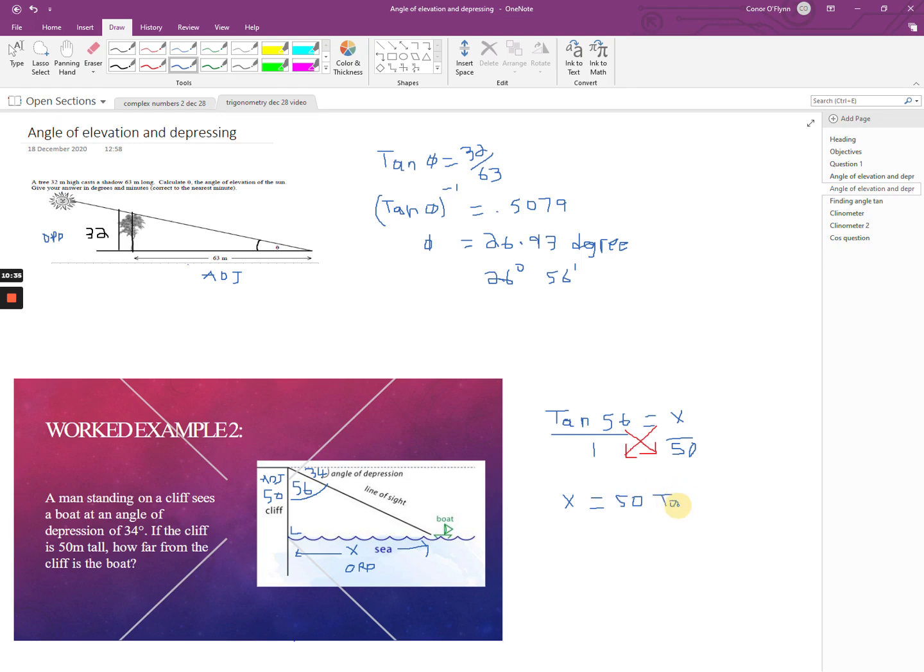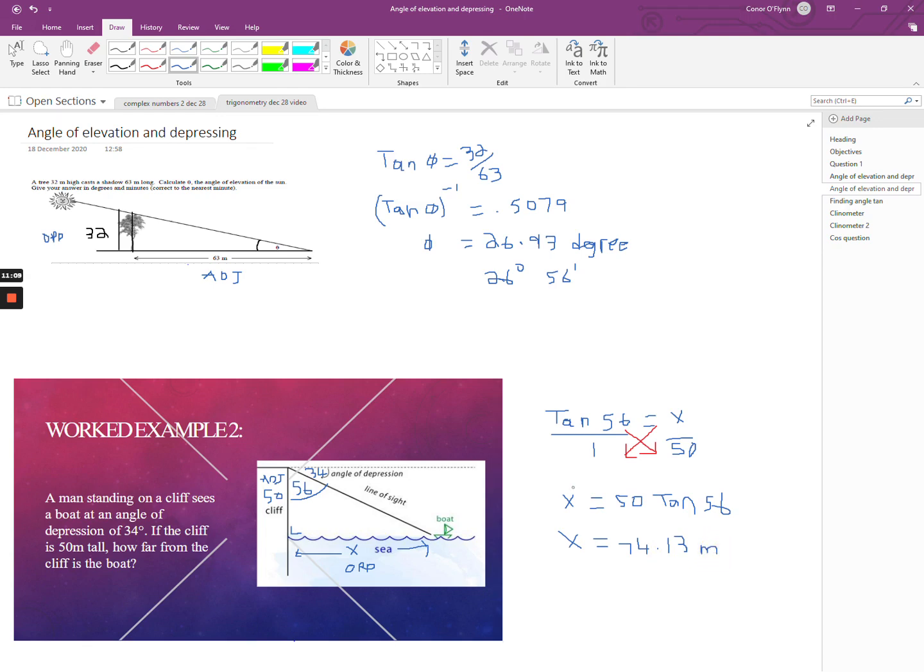So x equals, out with the calculator, calculator on degrees, 50 multiplied by tan 56. They're asking us to round, so 74.1, we'll say round it, 74 meters. That's how far the boat is from the cliff.